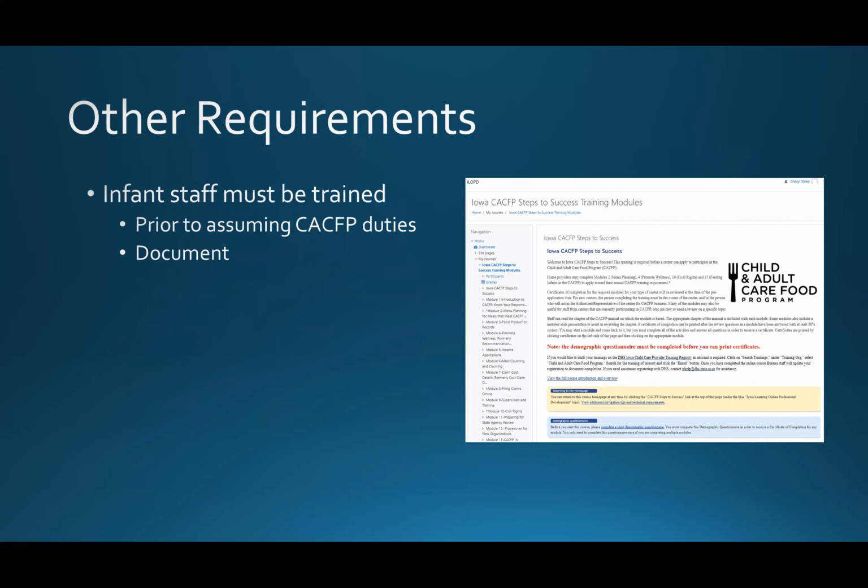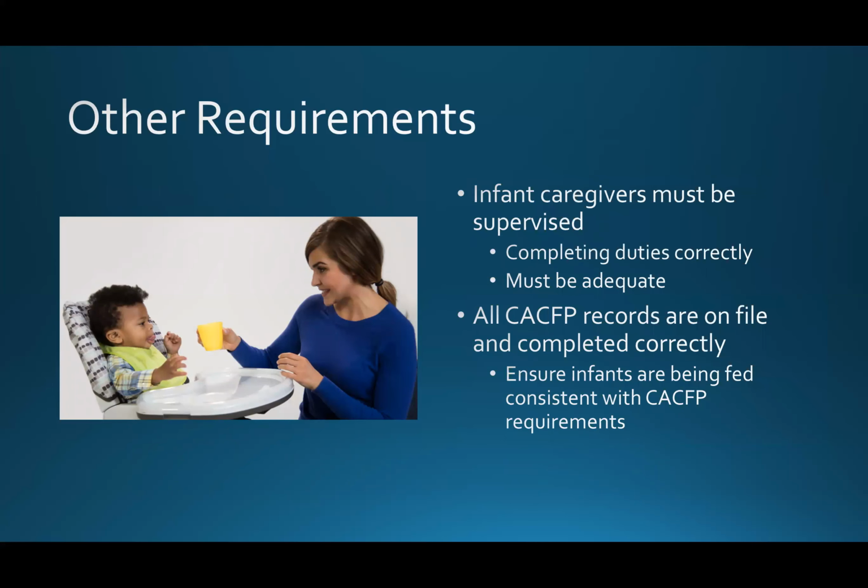This training must be documented. Infant caregivers must be supervised on an ongoing basis to ensure they are completing their duties correctly. The frequency and level of supervision must be adequate to ensure infants are being fed consistent with CACFP requirements and that all CACFP records are on file and completed correctly.